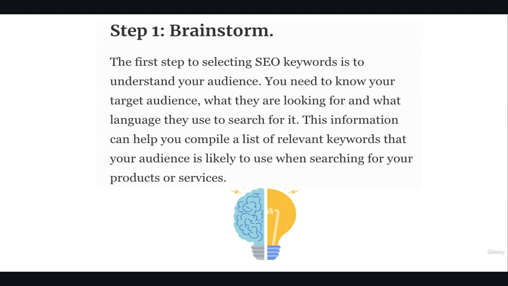So start in the brain. Even if you don't fully understand the industry, just start with brainstorming everything that you know. And guys, use the computer, especially if you're a marketer marketing for a business that you're not very clear on or aware of. Well, guess what? Google is a wonderful thing.